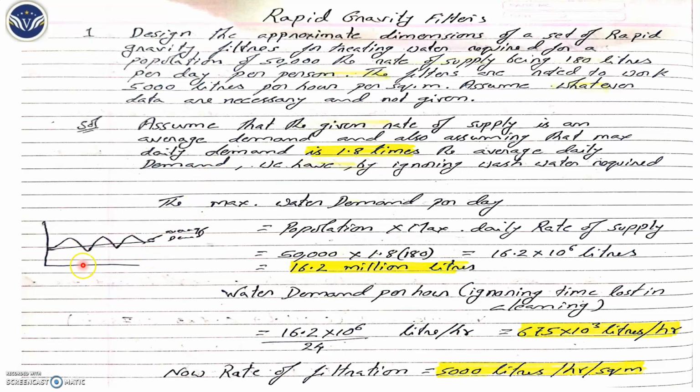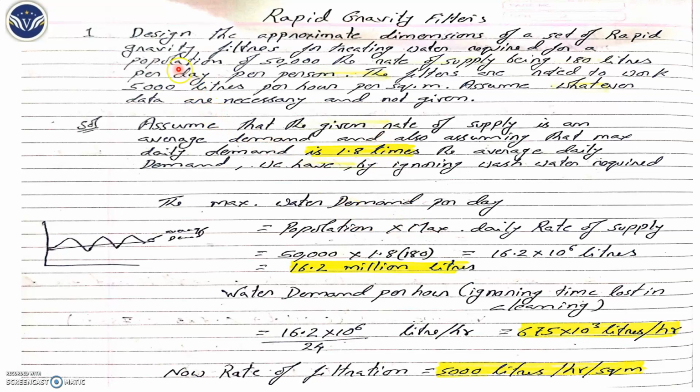Because we have seen variation in demand: with time there will be a variation in flow, so we can't design for that flow. We have to design for an average demand. You can refer to the variation in demand chapter itself. So this is the problem.